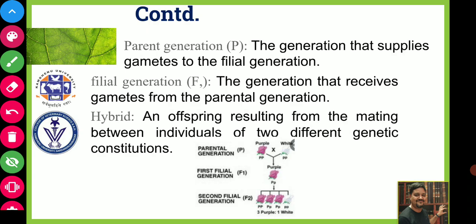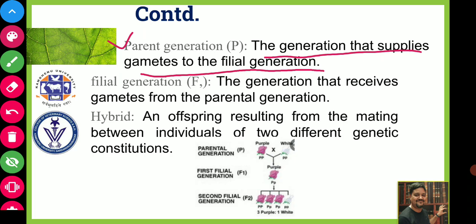Now another term is parental generation. When we study Mendel's laws or other principles of genetics, the parental generation will come up many times. So what is the parental generation? The generation that supplies gametes to the filial generation.